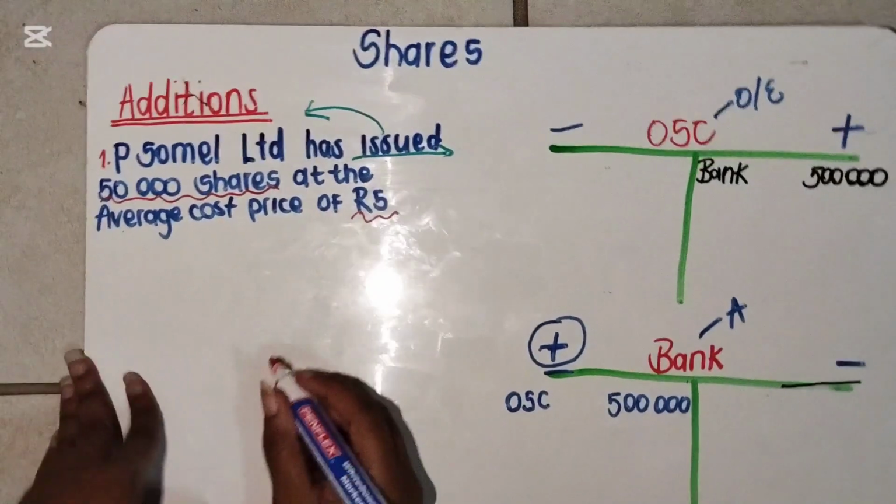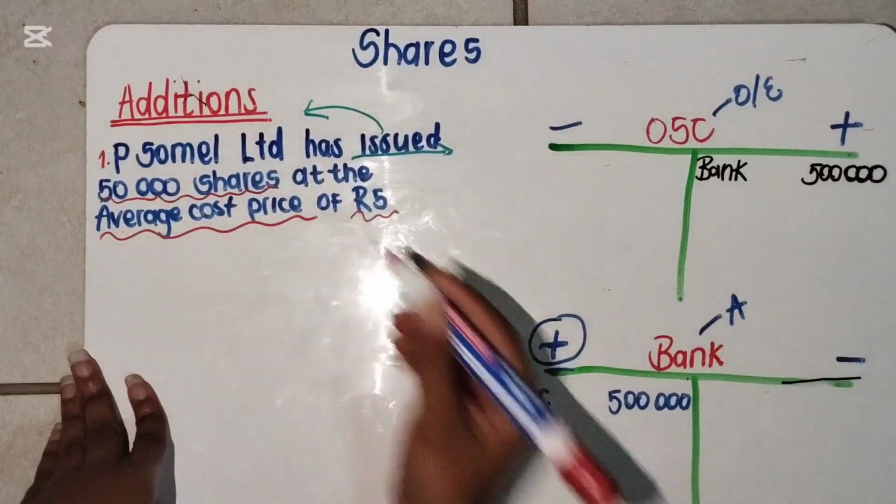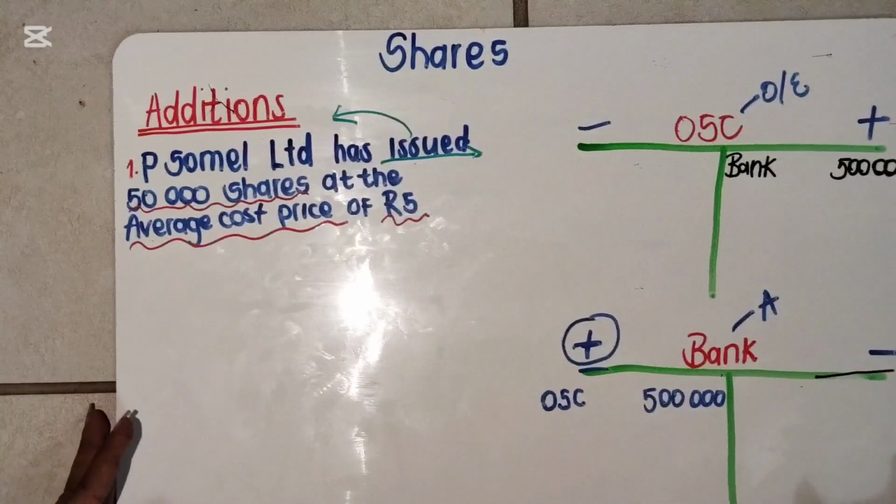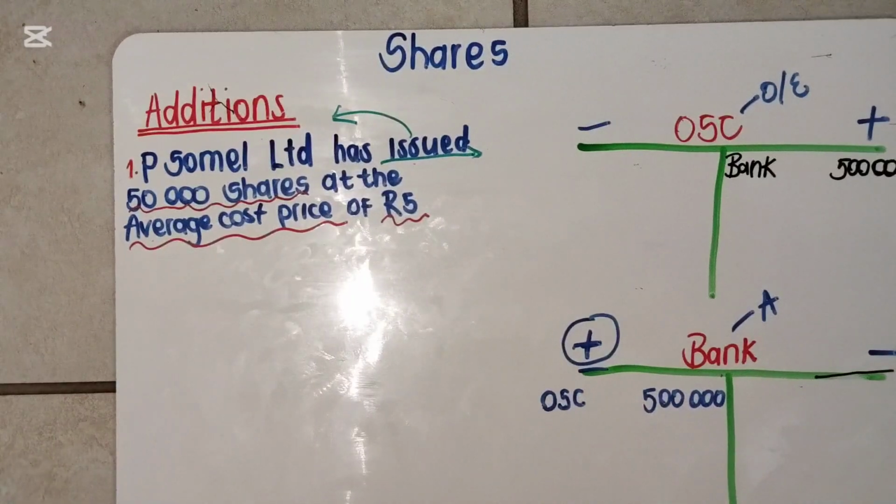But the average cost price, I want you to know this. Me using the word average cost price is opening you to new terminologies. Once they say average cost price, you know it goes to your ordinary share capital note, right? It's very important that you remember that.